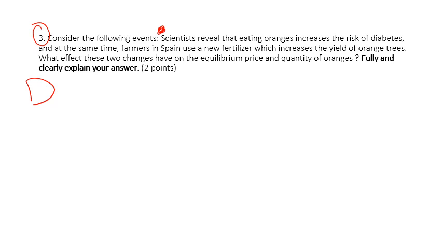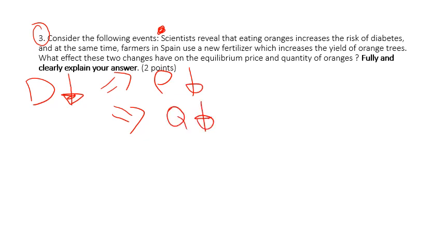So when scientists reveal that eating oranges increases the risk of diabetes, the effect will be a decrease in the demand for oranges. And that will bring about two changes. Price will decrease and quantity will decrease.